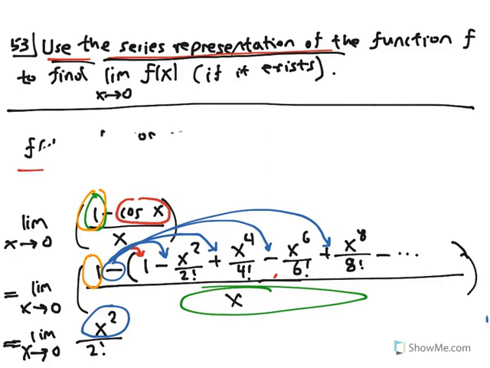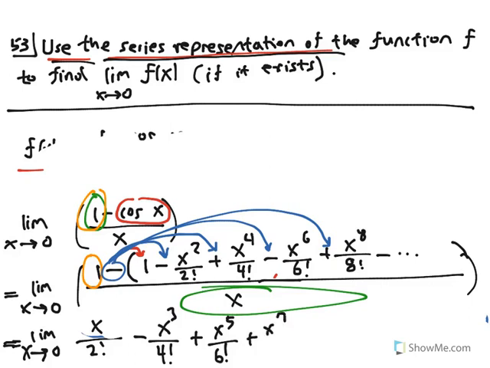So basically, instead of having x squared over 2 factorial, I'll have x to the first power over 2 factorial. And then the remaining terms are going to be minus x to the third over 4 factorial plus x to the fifth over 6 factorial plus x to the seventh over 8 factorial, and so on.